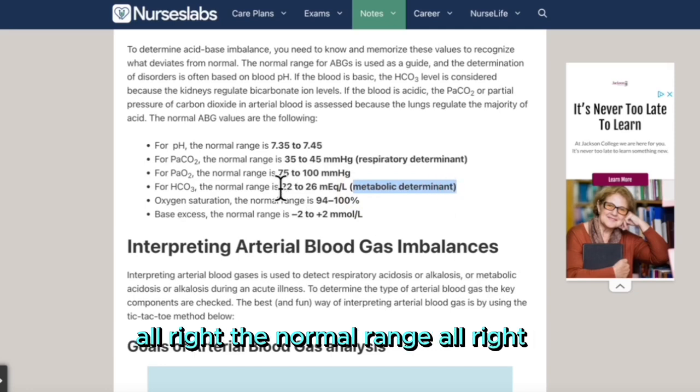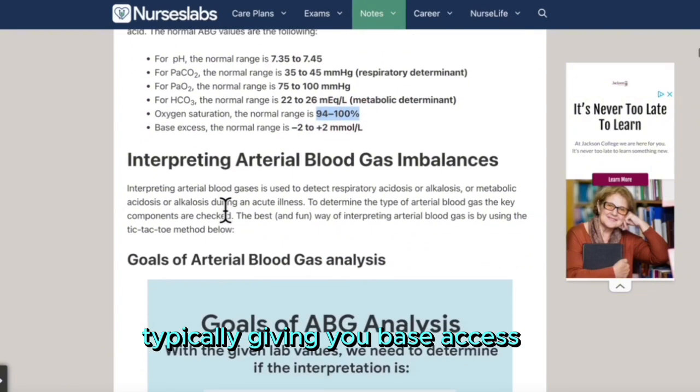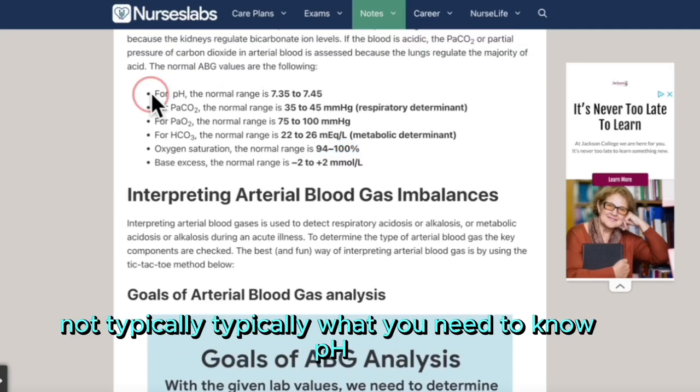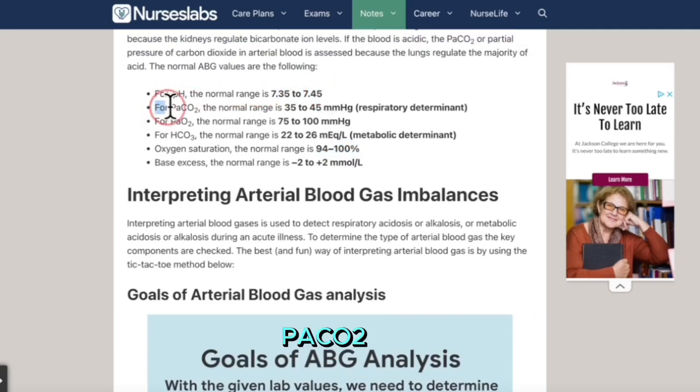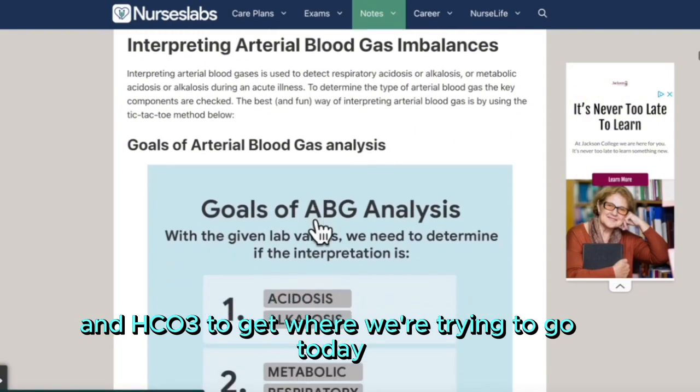Oxygen saturation, 94 to 100. NCLEX is not typically giving you base excess. Typically what you need to know is pH, PaCO2, and HCO3 to get where we're trying to go today.